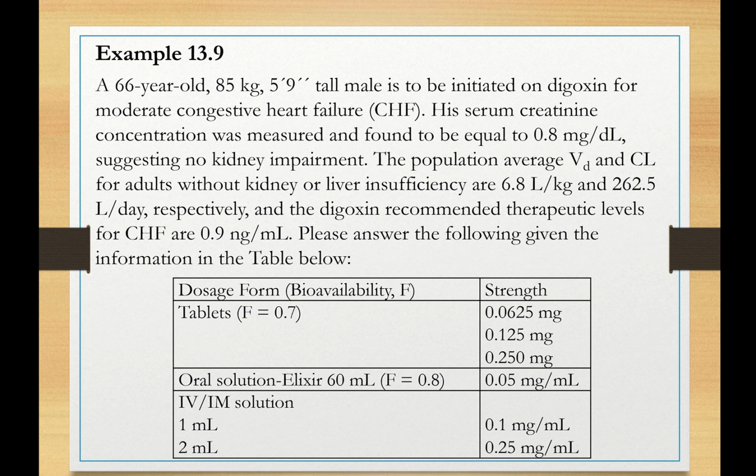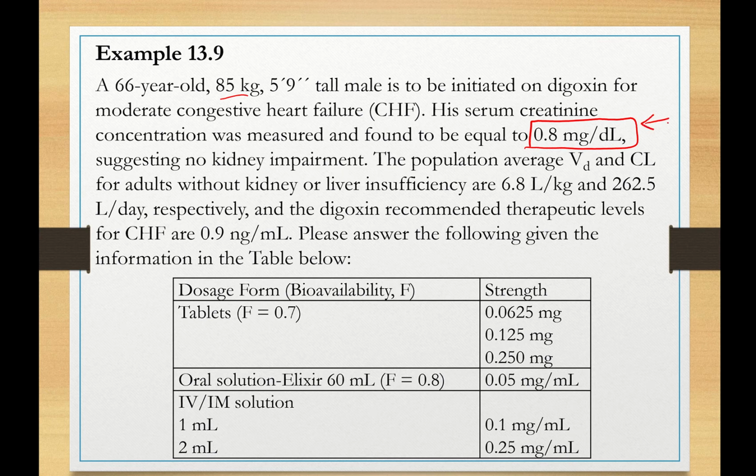Here we have a 66-year-old, 85 kilograms, 5'9" tall male, who is to be initiated on digoxin for moderate congestive heart failure. His serum creatinine concentration was measured and found to be 0.8 milligrams per dL, implying no kidney impairment.